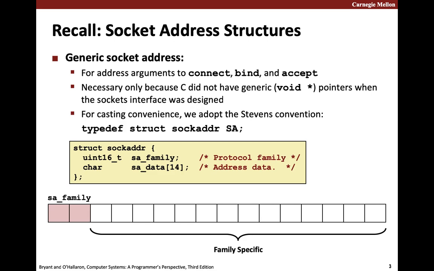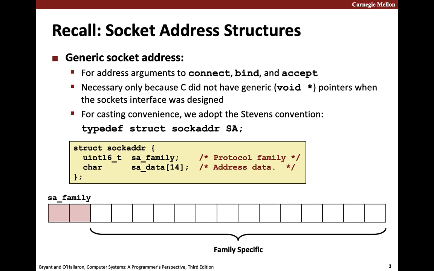Okay, so we have this generic socket address, which we call a sockaddr. Think of it similar to polymorphism, meaning that this one really doesn't have any specifics. We're usually going to cast one of the more specific versions, a struct sockaddr_in, or a struct sockaddr_in6 for IPv6.